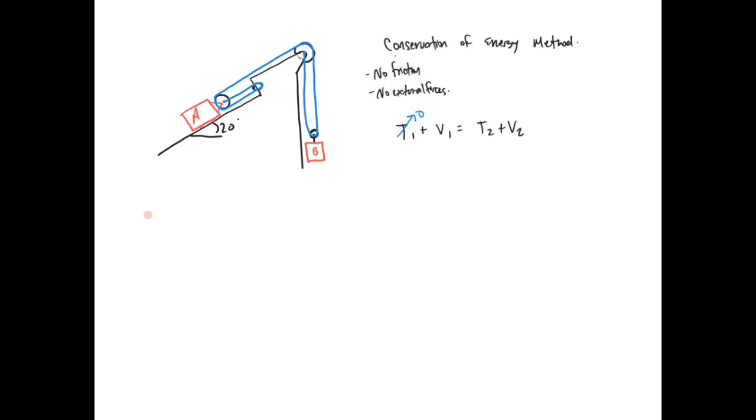For this problem, you have to set datums because potential energy has to be relative to something. So I'm going to set my datum for block B here for the potential energy. We know already that B moves up by 1 meter.